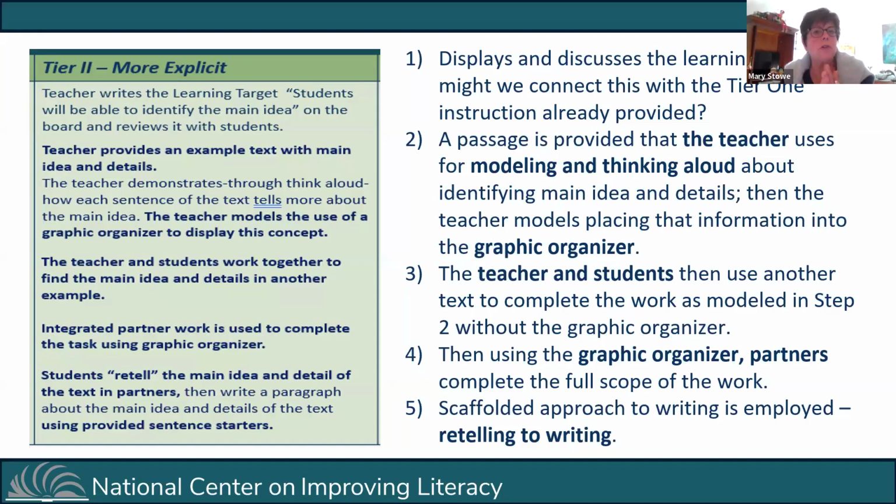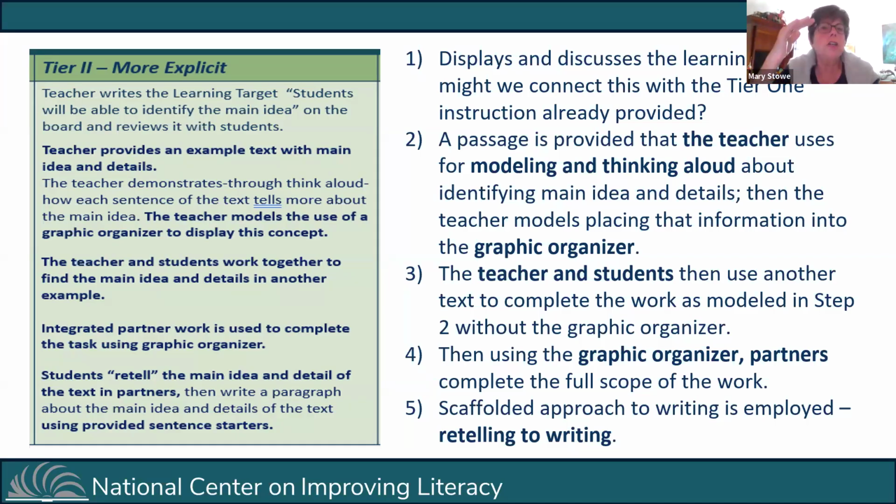So at Tier 2, the teacher has modeled multiple pieces, but then the teacher is going to, with the students, use another text and complete the work that the teacher just did with the modeling piece, or the I do piece, and walk entirely through that process through to the graphic organizer before the students are using the graphic organizer on their own as partners.